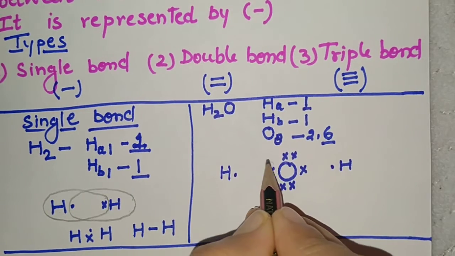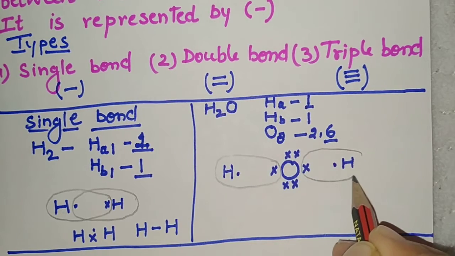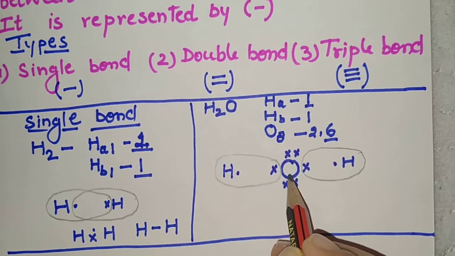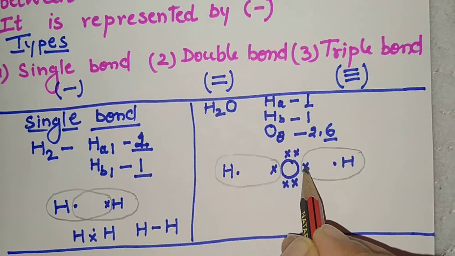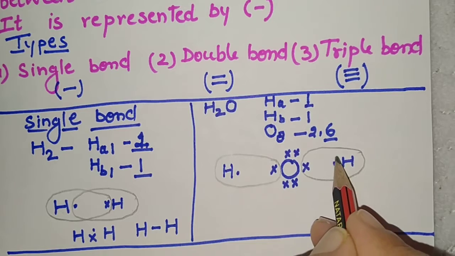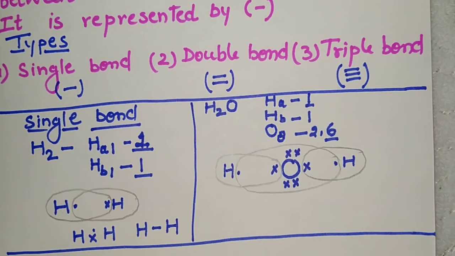See here, this becomes your 2, here this becomes your 2. Now this oxygen atom is already having 6 valence electrons. 2 it will take from these hydrogen atoms. So now this becomes your water molecule. How to draw its structure? By showing bond.